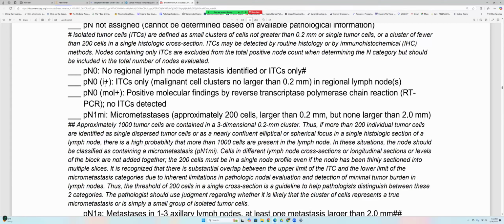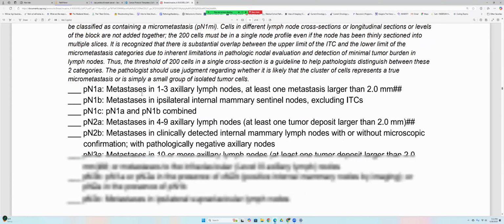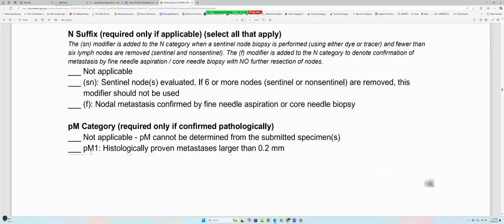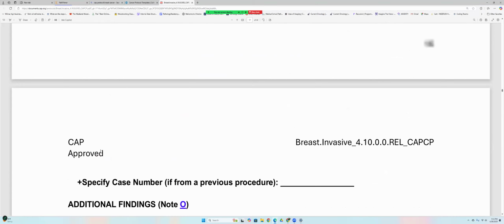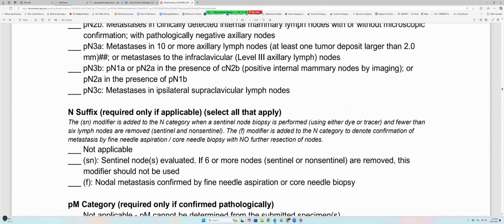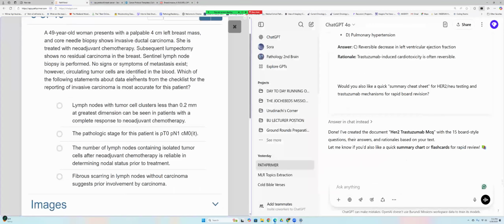That's i-plus, isolated tumor cells, in lymph nodes, whereas this one is in the blood. Let's look at this again. This patient had lymph nodes with tumor cells. What we find: circulating tumor cells identified in the blood.